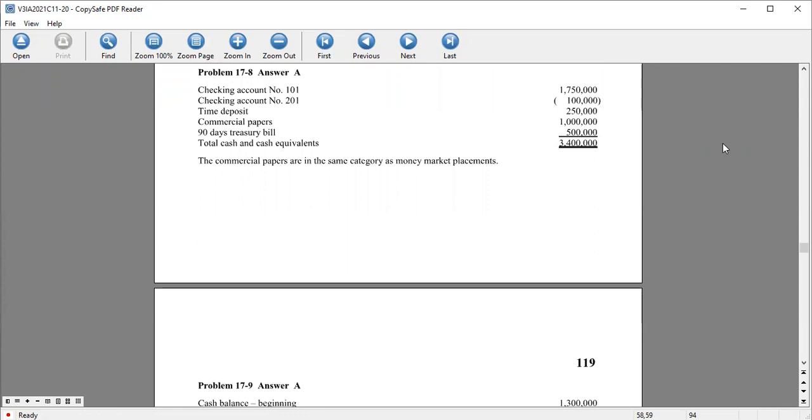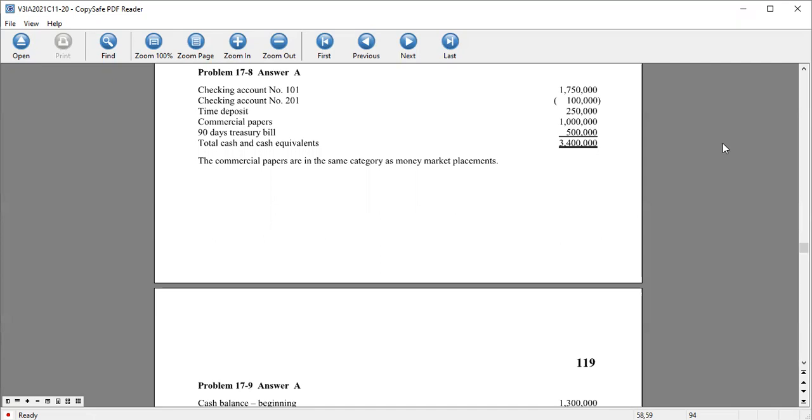Now we have 17-8, a question on December 31, 2021. What amount should be reported as cash and cash equivalents? So we have now the following accounts given in order for us to determine cash and cash equivalents.